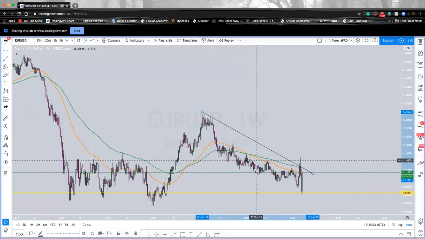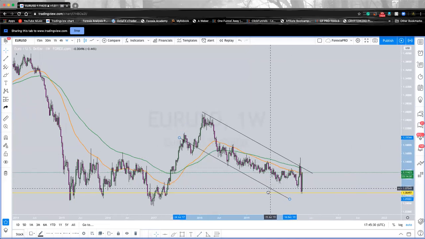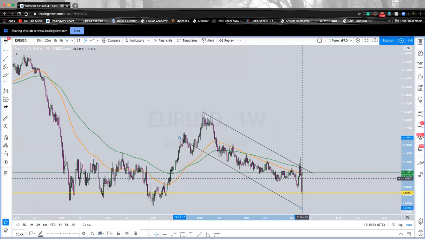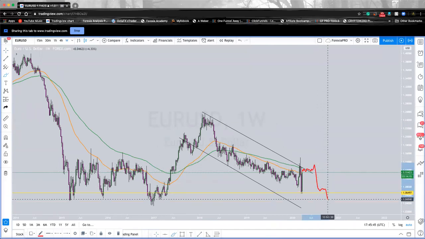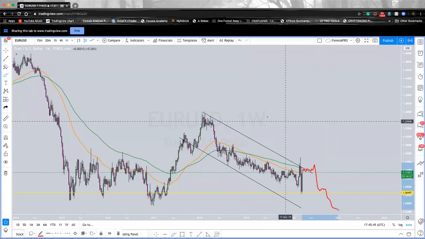Okay, 1, 2, 3. Let's drop this one down. That also makes sense. So what we want to see is consolidation around here, breaking this trend line, and then pushing for the liquidity downside. This is what we want, a daily structure on a more macro level.